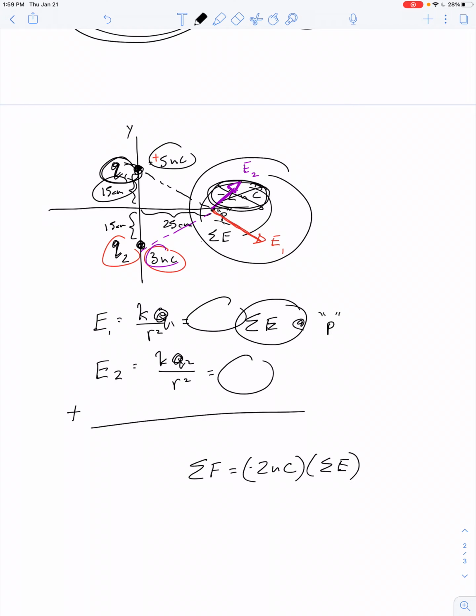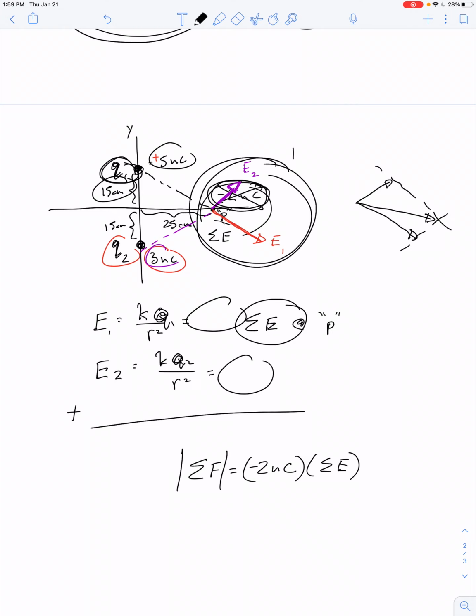Now, I could put in negative. That's not going to change the magnitude of this answer. The negative is just going to tell us in what direction. And by the way, for a summation of vectors that point roughly like this, we can use the parallelogram method. So the net electric field is going to point basically in this direction.